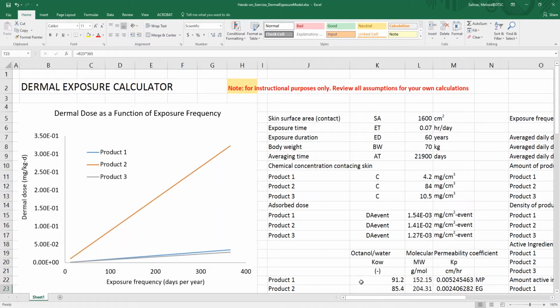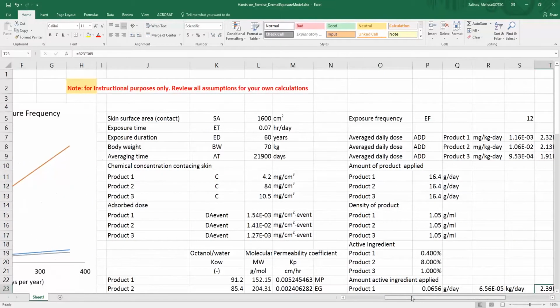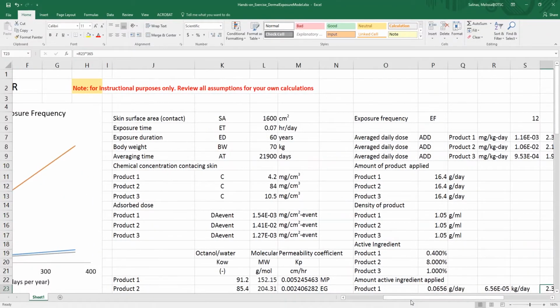And then this is the chemical concentration contacting the skin. What we've done here comes from looking at the types of products and how much is applied per day. So for shampoos, the mean is about 16.4 grams per day.